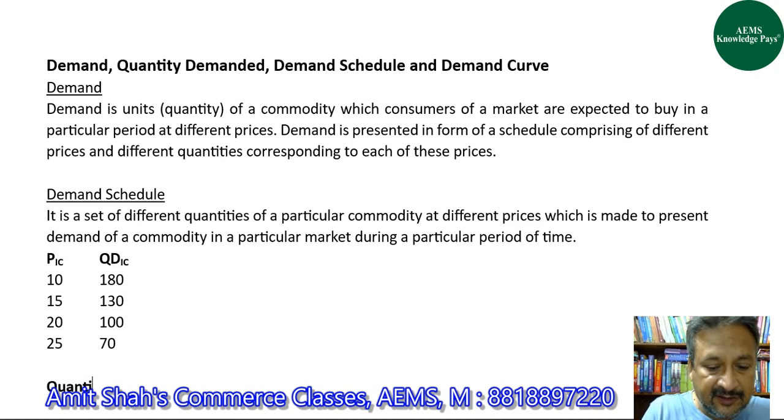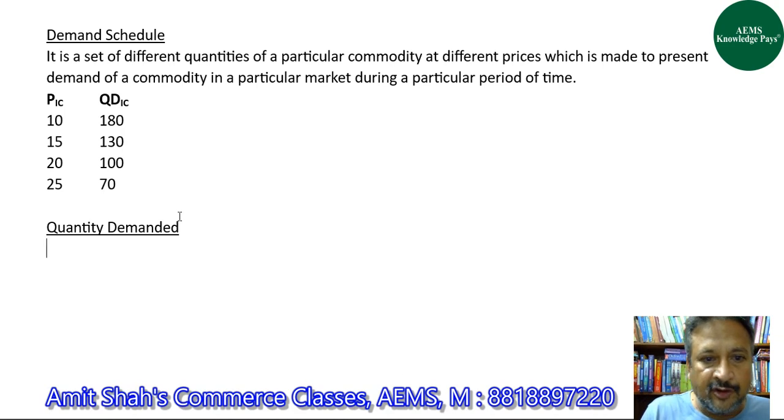Now next is quantity demanded. Now suppose my friend, instead of asking me demand, asked me another question. He asked me how many cups he would be able to sell in case he keeps the price of each cup rupees 20.